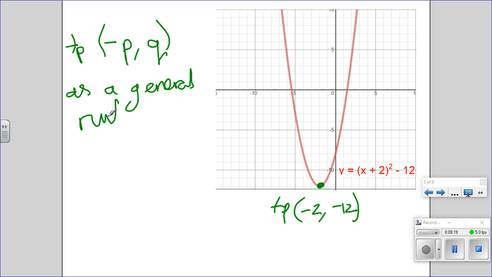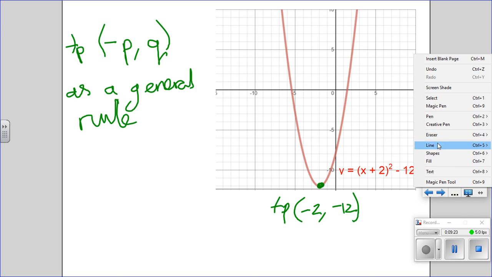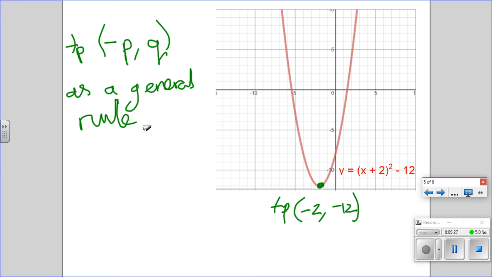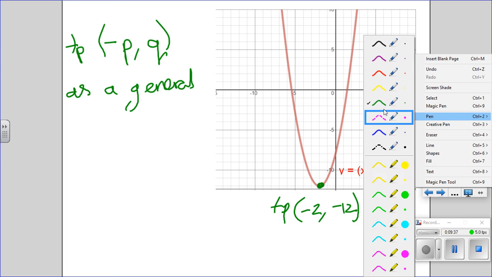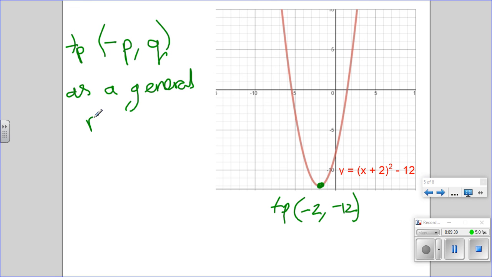And you can always check these yourself by graphing them and making sure that I'm not telling you any porkies, but I can assure you I'm not. That is the general rule for how you find the turning point of a quadratic in completing the square form. So as a general rule, we're looking at negative p, q.